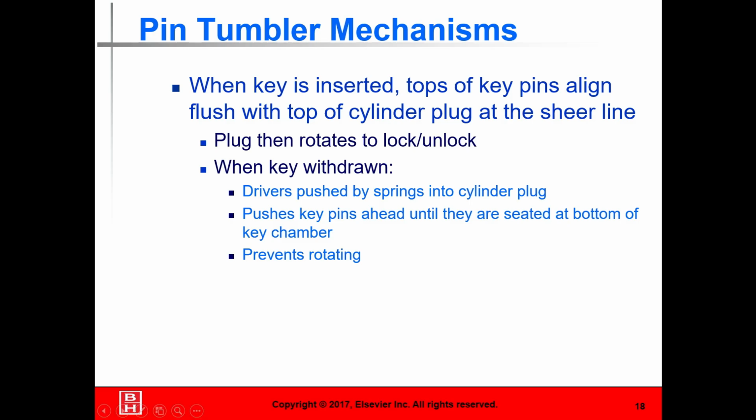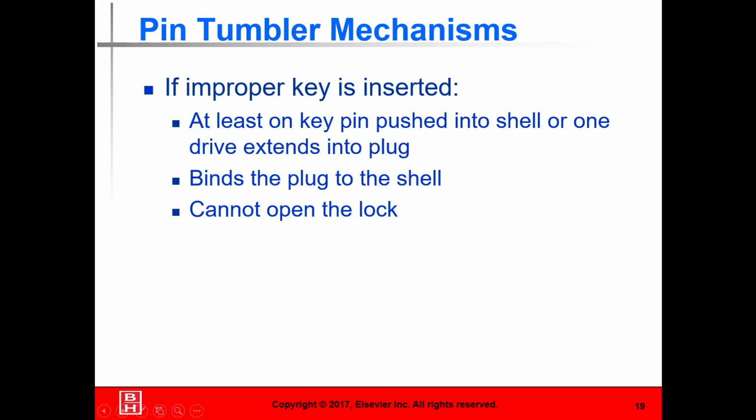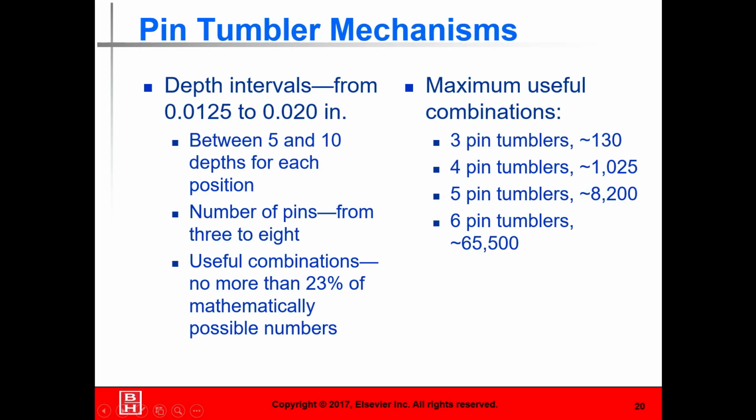When the key is inserted, the top of the pins aligns flush with the cylinder at the shear line, allowing us to turn it, as you can see. If it's an improper key or is not in correctly, the discs won't all move up, and the lock will not be unlocked.